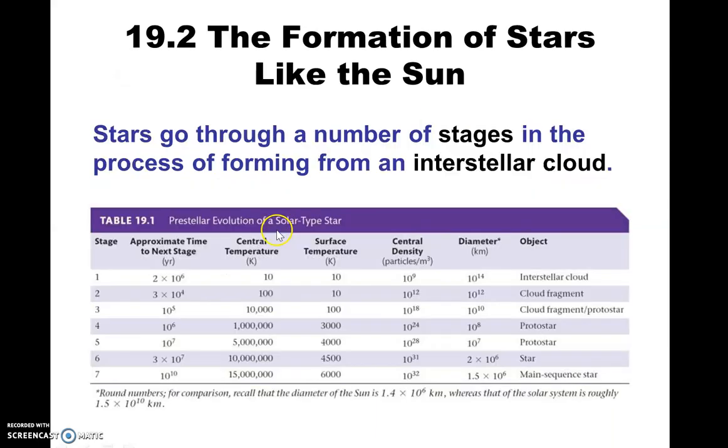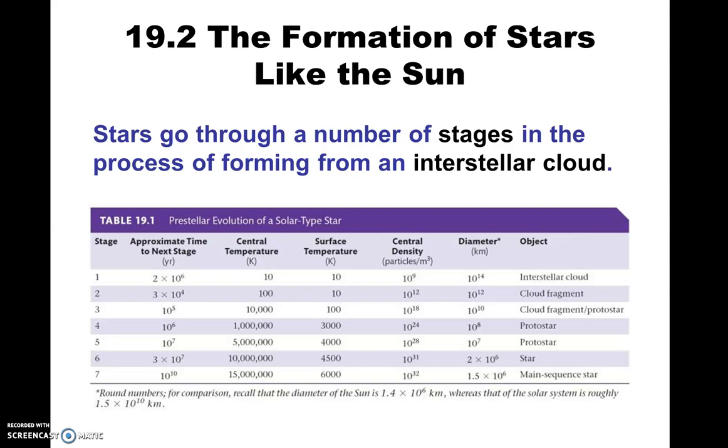So what is it that gets the cloud to begin to collapse? We use computer models for a lot of this. It's a simulation of huge numbers of particles, of atoms, mostly hydrogen.